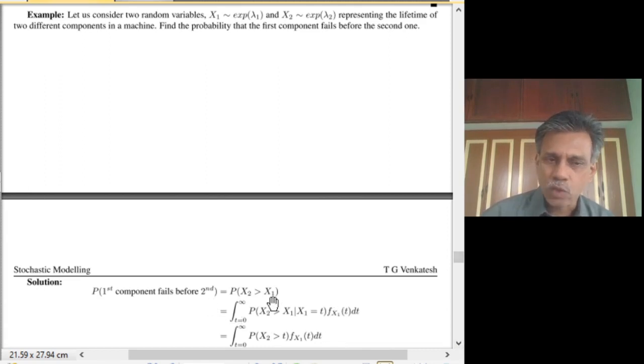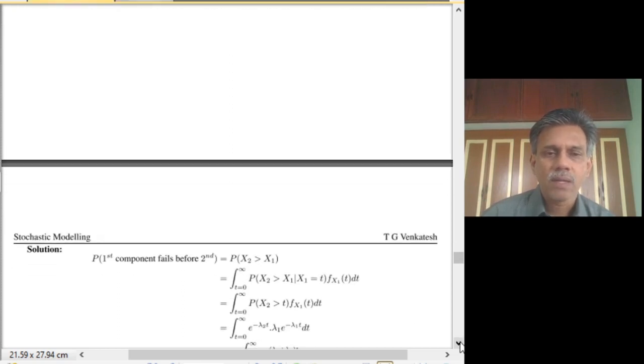That is, x1, representing the lifetime of the first component, is less than x2. So the probability that x2 is greater than x1 is what we are interested in. So these are two random variables. How to find the probability of this kind?